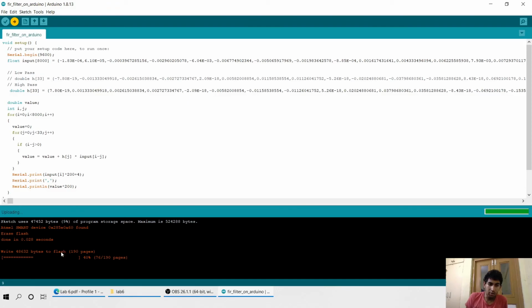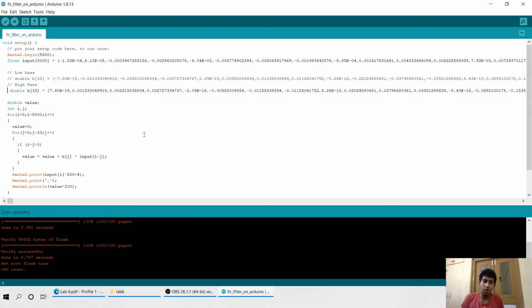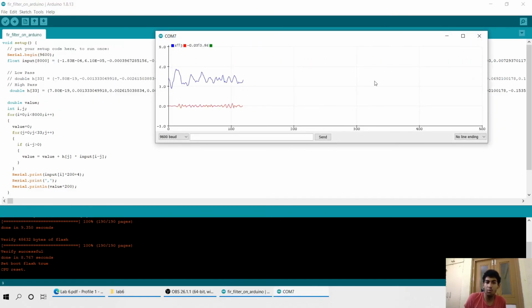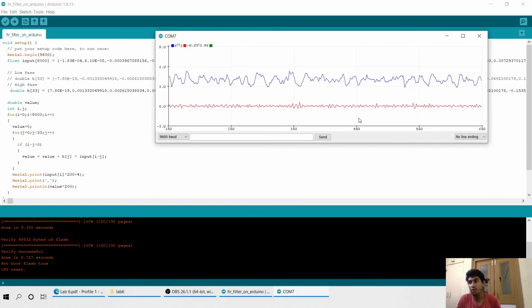You can see here it's writing 48,000 bytes onto the board, and that is just about 4% of the total capacity of the board, so this is a highly optimized procedure. It's finished uploading. I can open the serial plotter, and this is the output of the high pass filter. The low frequencies have been completely removed here.